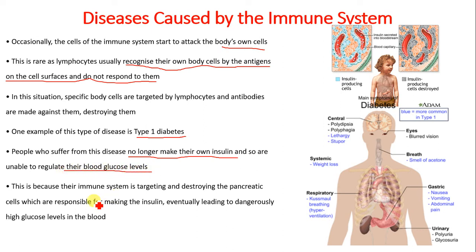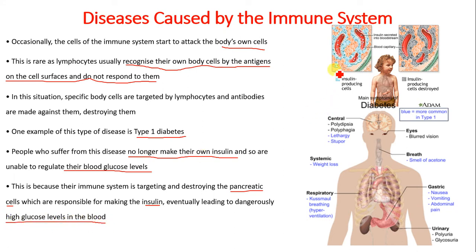This is because their immune system is targeting and destroying the pancreatic cells, which are responsible for making insulin, eventually leading to dangerously high glucose levels in the blood.